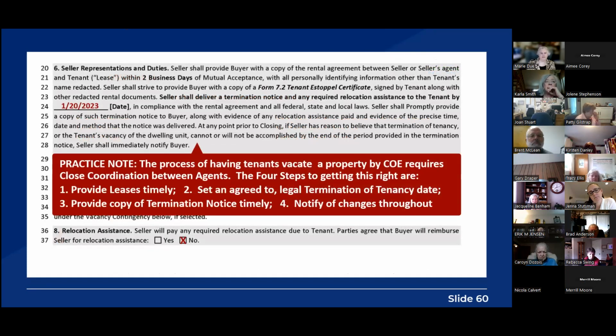The process of having tenants vacate a property by the close of escrow requires close coordination between the agents. Absolutely true. The 4 steps are: 1, providing the lease timely, because they need to understand what's going on there; 2, set an agreed-to legal termination of tenancy date, again, a date, not just a timeline; 3, provide a copy of the termination notice timely; and 4, notify of any changes throughout.